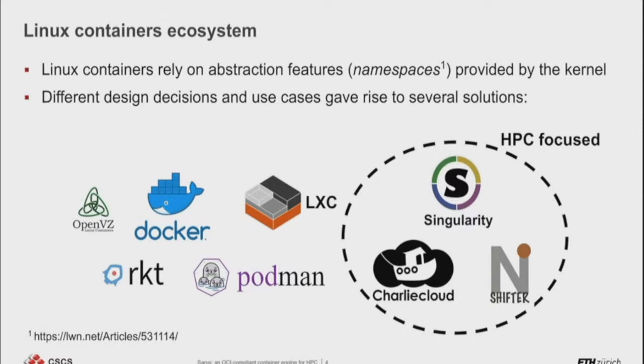Here you have the main ones, I think most of the popular ones. I'm sure you recognize some of them. We have Docker, which is the de facto standard and the most popular solution. Then we have Rocket, Podman, which is kind of a new kid on the block and looks very promising. And then we have the HPC-focused container runtimes, which are Singularity, Charliecloud, and Shifter.